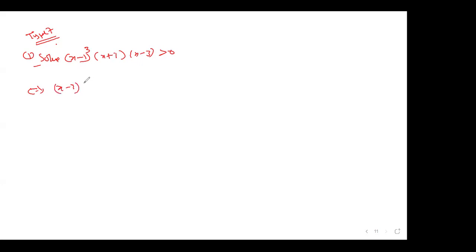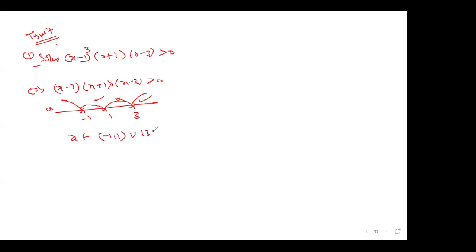Odd powers means you have to count. Even power we removed, but odd power means you are supposed to count. And minus 1, here it is 1, here it is 3. Correct? Yes, yes, no, yes, no. So x belongs to minus 1 to 1 union 3 to infinity.